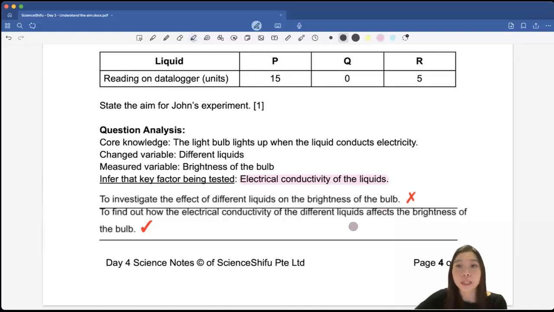Now that would be too vague, that would be incorrect. So the correct answer would be to find out how the electrical conductivity of the different liquids affects the brightness of the bulb, which is our measured variable. So again, to find out how the change variable affects the measured variable.